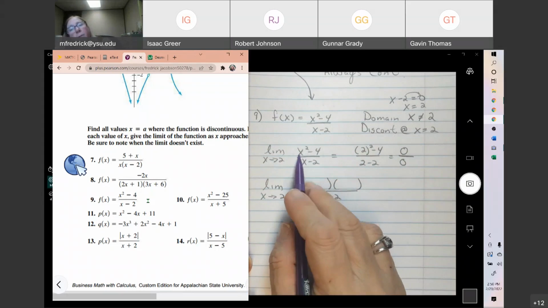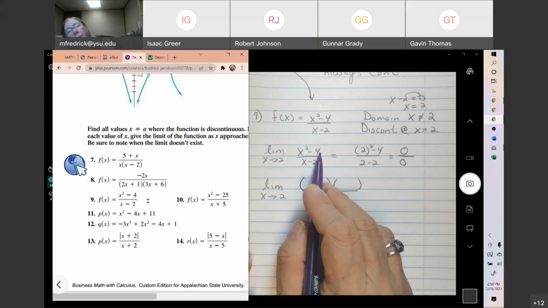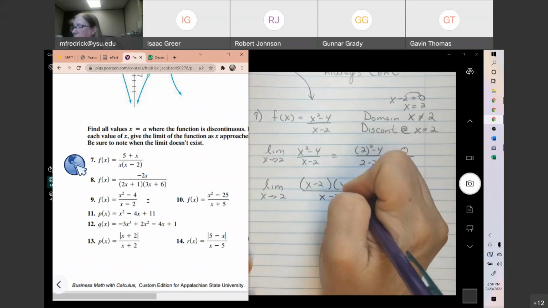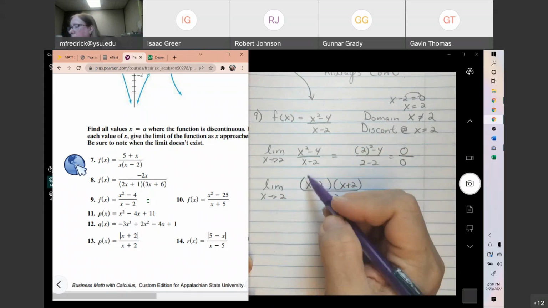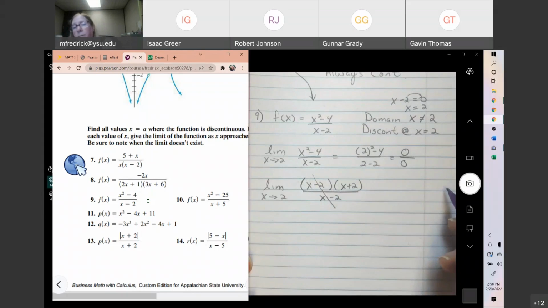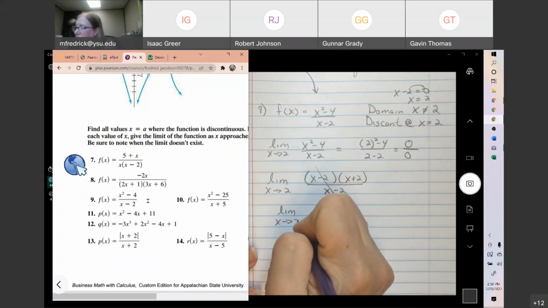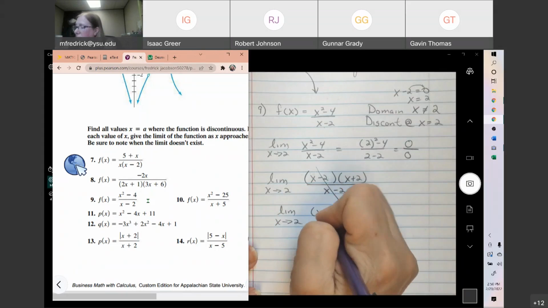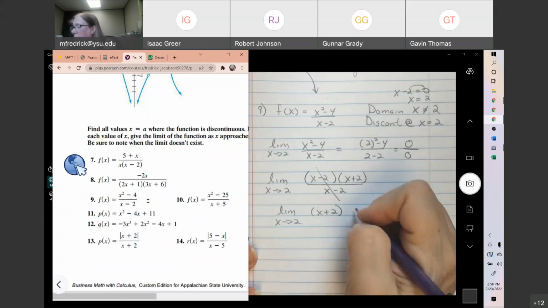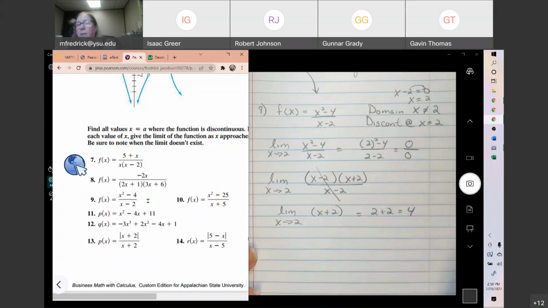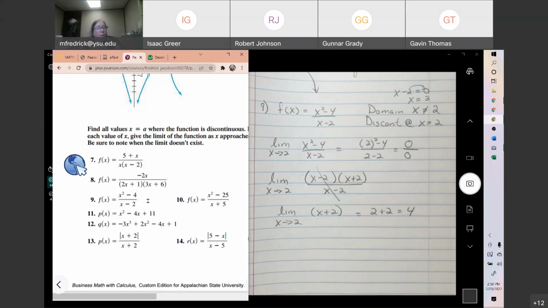This is the difference of squares again, x squared and 2 squared. x minus 2, x plus 2. The x minus 2's cancel. And then we plug our 2 in again. 2 plus 2 is 4. So our answer is 4. Any questions on that?